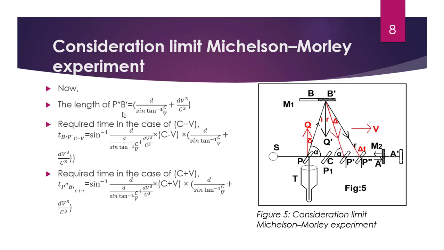Now, the length of P dash and B dash equal to D by sin into tan inverse C by V plus dV cube by C cube, which is the total length, P dash into P double dash.